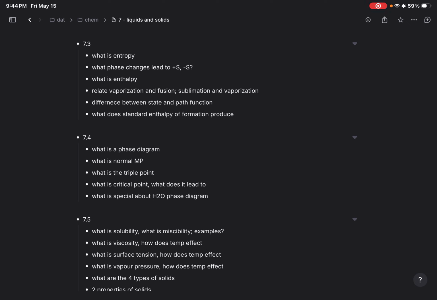Sublimation and vaporization. I don't really know what to say about sublimation and vaporization. Sublimation is when you're going from, I think it would be the same way going backwards.